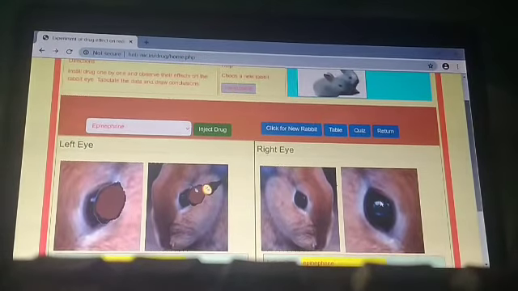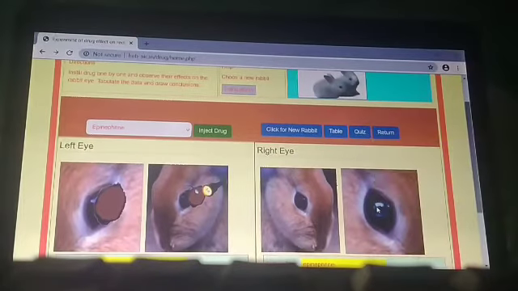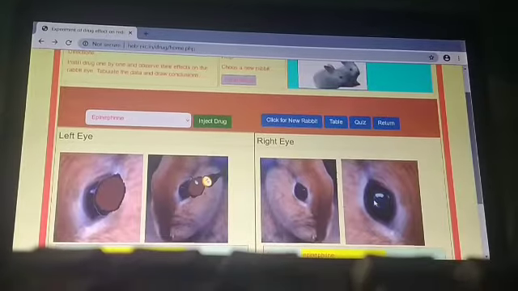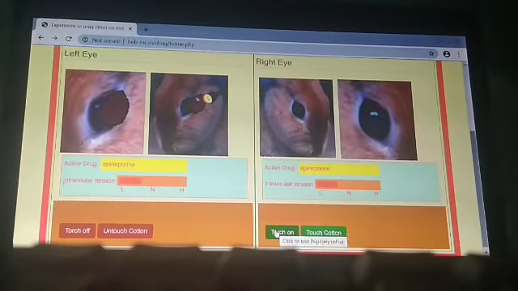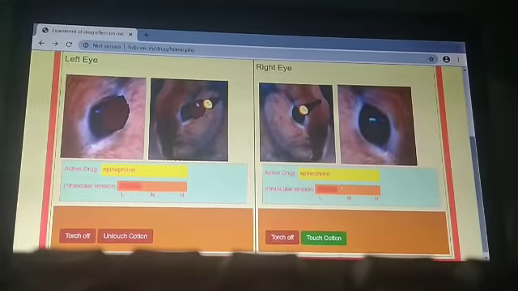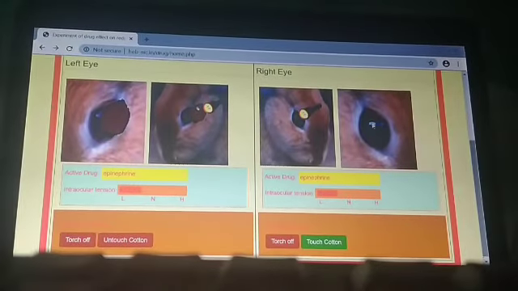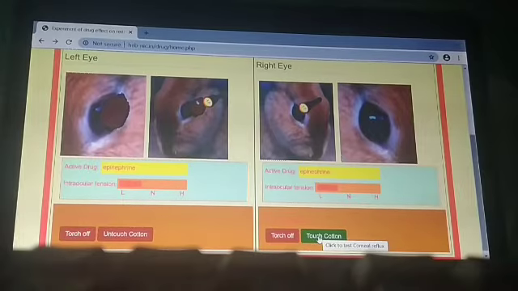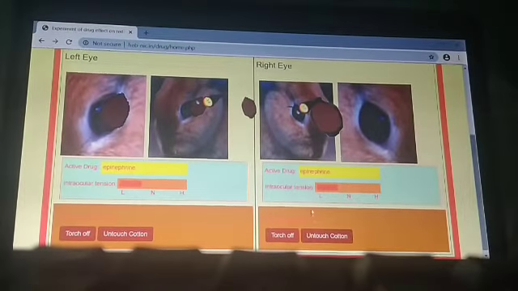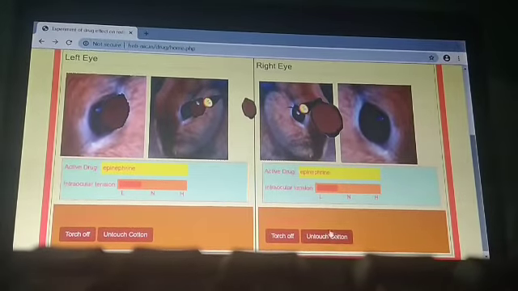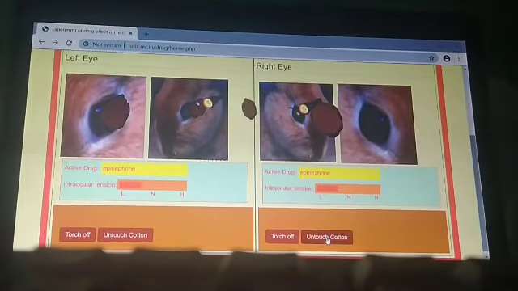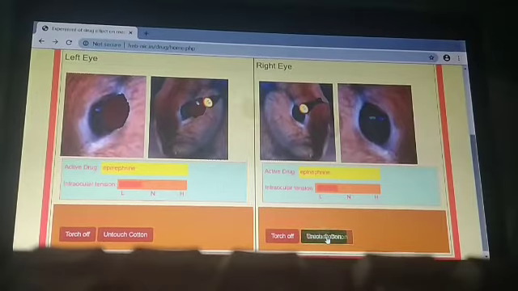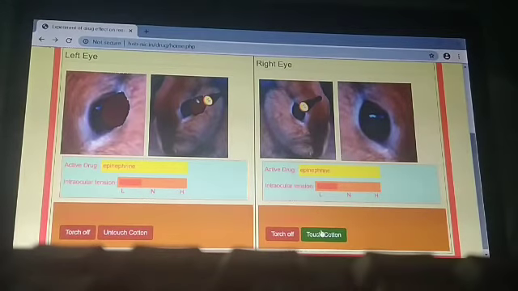This dilation will be observed, and again here we will put the torch, then we will see it has been constricted. If we touch the cotton, then yes, there is a corneal reflex by using the touch cotton.